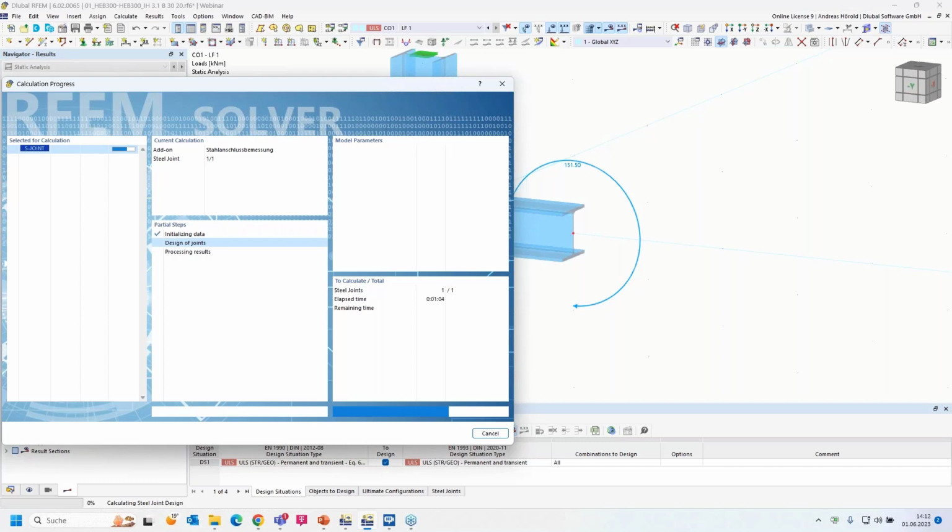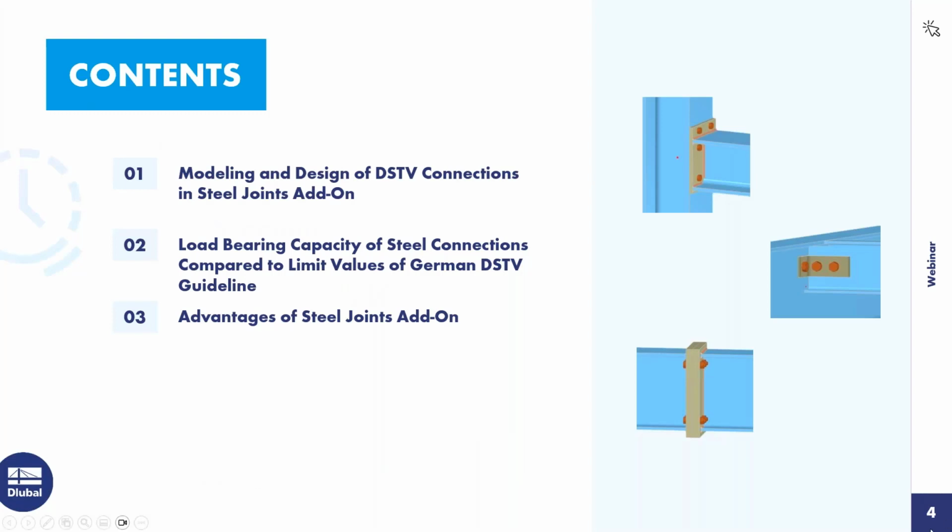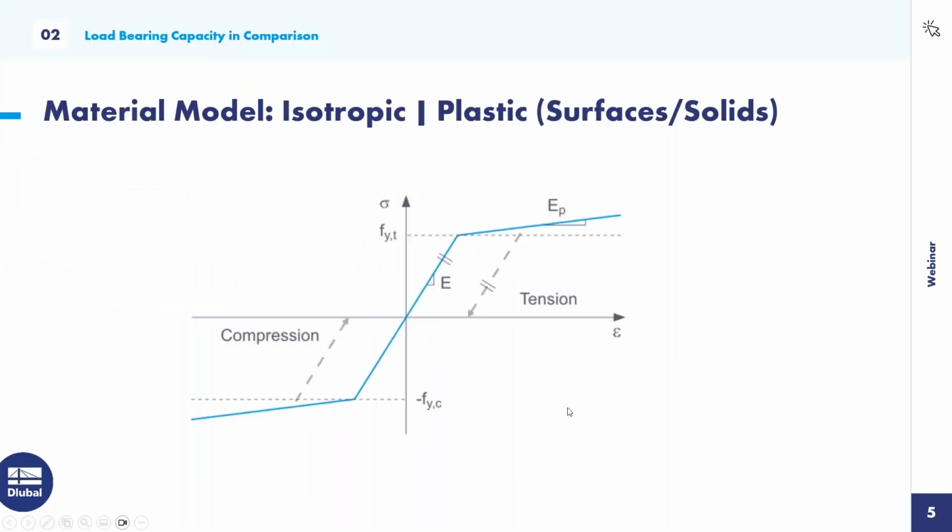I will explain that on a simple stress-strain diagram. At first, let me wait for the results, or maybe I can already show the PowerPoint, so we don't have to wait.